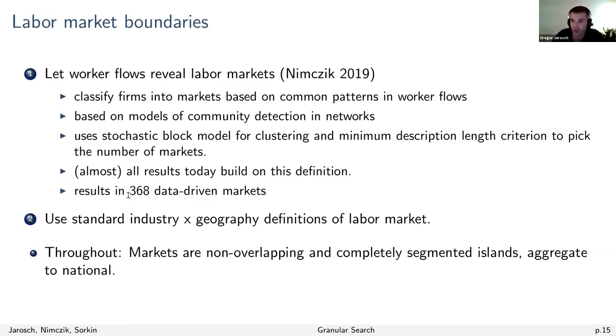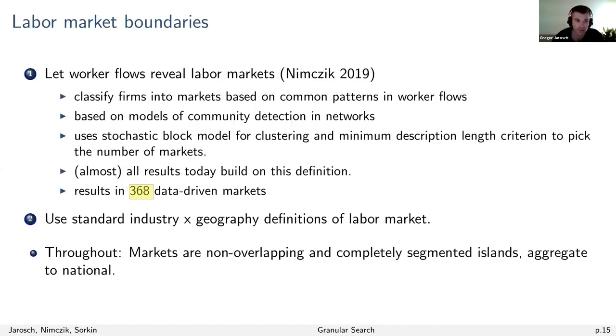Now, one important thing the method does is it determines along the way the number of different labor markets in the Austrian setting. And that turns out to be 370 here. And so you can see why it's important, right? If the entire country is one single labor market, then I'll obviously find less of a role for market power than if I take the stance that every little village is its own labor market. Okay?